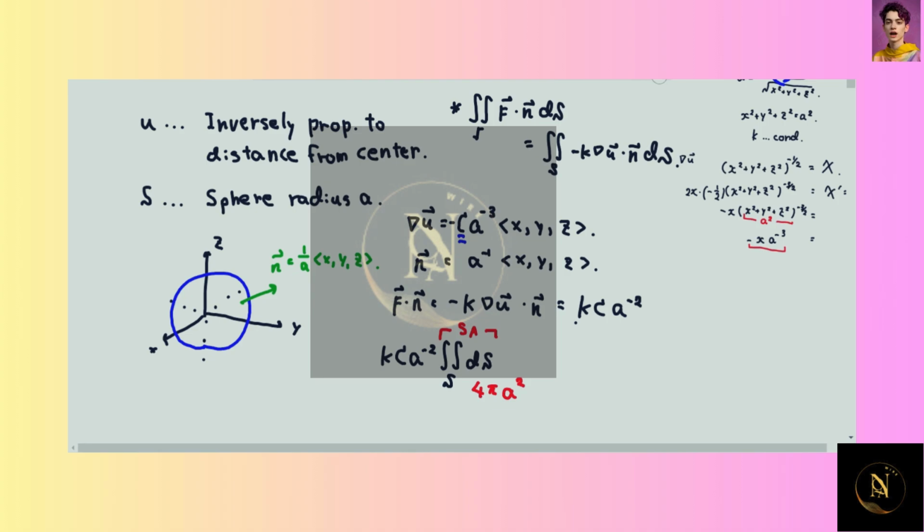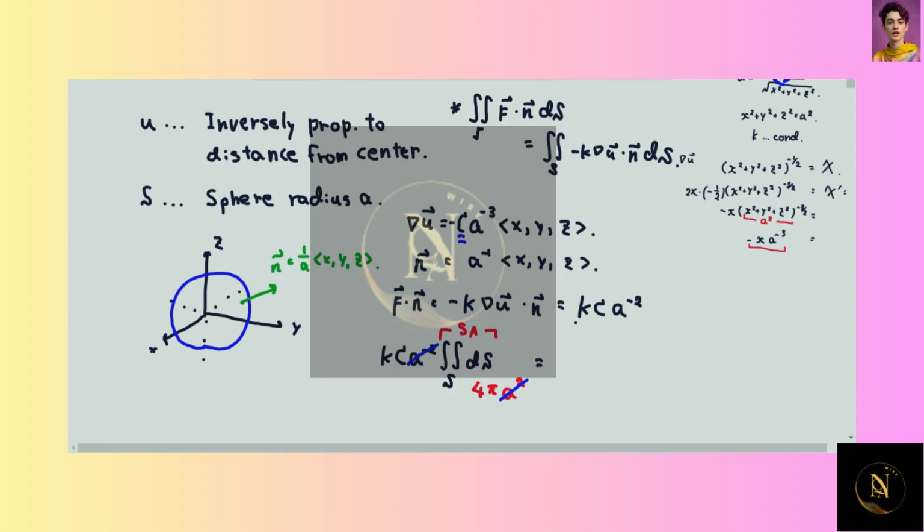Now, what's really interesting, at least in my opinion, is the fact that because the a's cancel each other, when it comes to heat flow through a sphere where the temperature is inversely proportional to the distance from the center, it turns out that the radius of the sphere is independent from the heat flow.